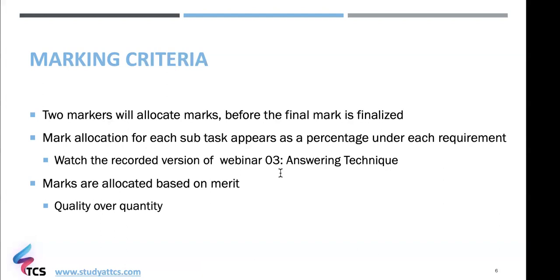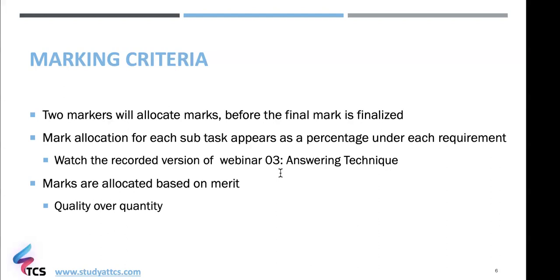If you had done a CIMA exam previously and failed to pass the exam, you would have seen certain weightages provided under each and every subtask. Based on these weightages, you are supposed to determine how many marks are allocated.